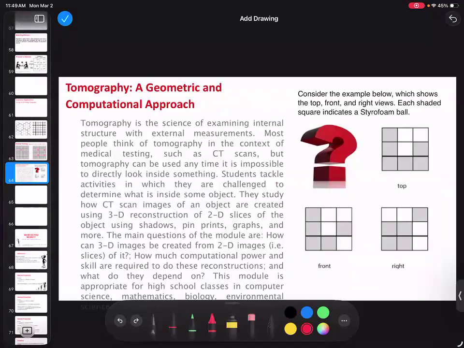The last one, just for some geography, is a brief example of tomography. So imagine you have cancer cells and you want to discover where they are. One possibility is you open up the person, start slicing them, and look at them.